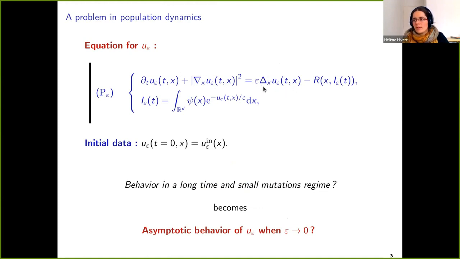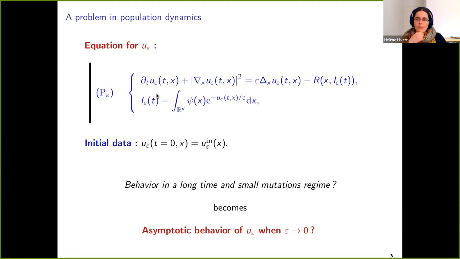There is still the trace of the Laplacian, multiplied by epsilon, and this here is the net growth rate. And nothing changed in I, except that we replaced n by exponential minus u over epsilon. And we are given an initial condition, which is in fact the transform of the first initial condition.